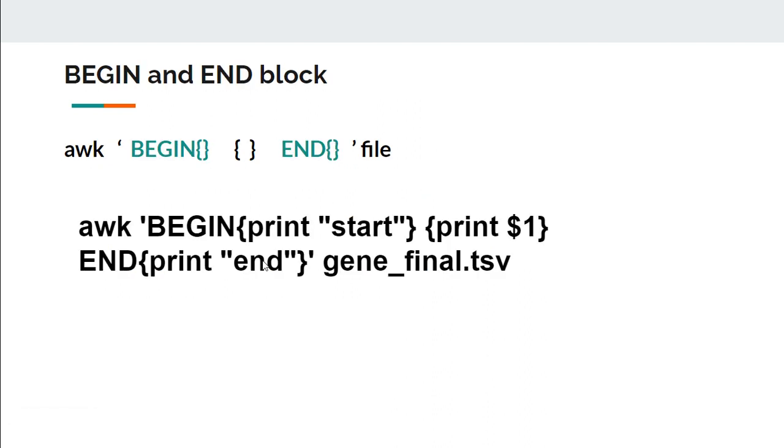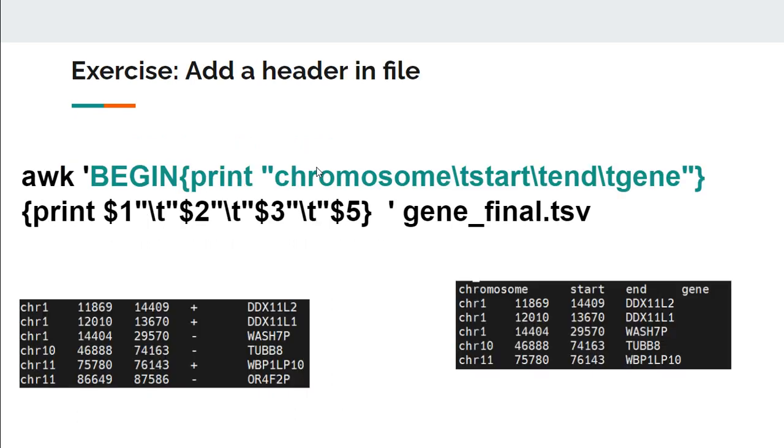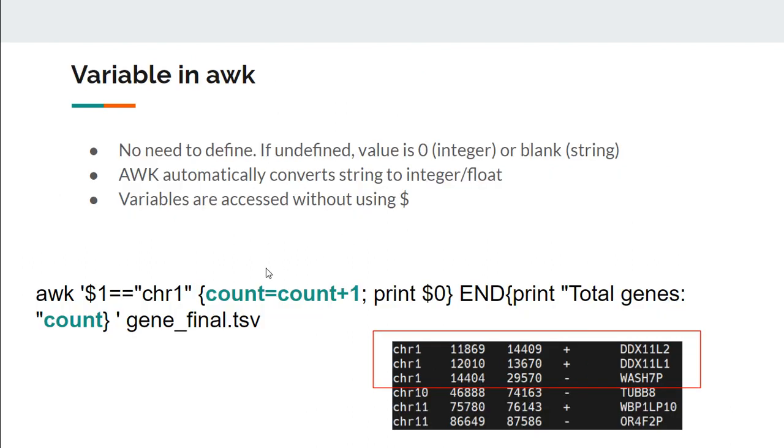Then we explored the concept of BEGIN and END blocks, and using that we saw an example of how to add a header to the dataset if it is not present. Then we talked about variables in awk, and we saw that we can directly use a variable, no need to define it earlier, and we do not need a dollar sign, we directly use the variable name as it is.